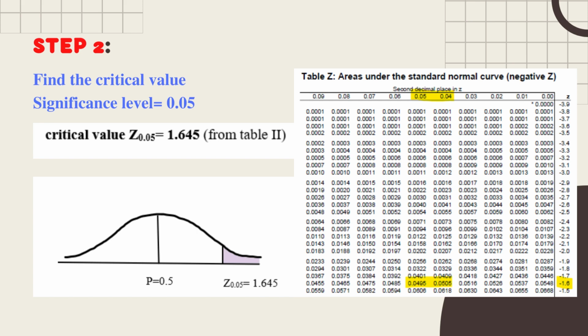We can see from the Table 2 graph that 0.05 is placed between 0.0495 and 0.0505 under 1.645. So we can state that the critical value is 1.645.